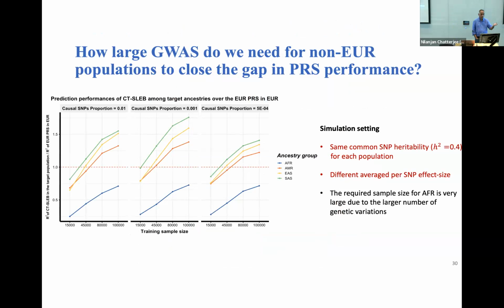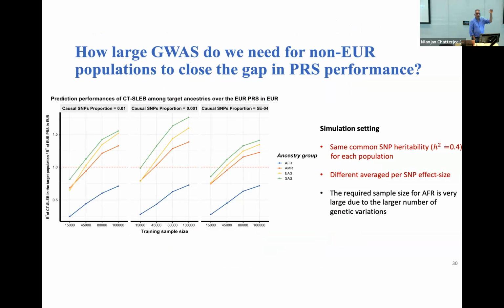That means we actually simulate genotype data using realistic haplotype patterns observed in 1,000 Genomes type reference datasets, so that they match the allele frequency and linkage disequilibrium patterns pretty close to what is known in the different populations. And then we have a scenario here.